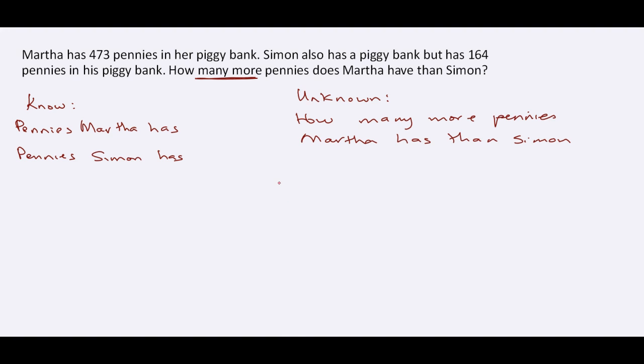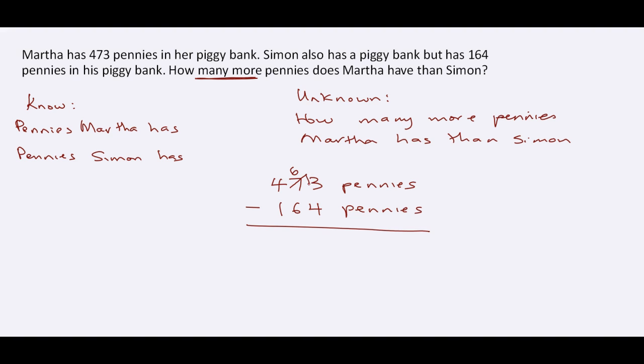So we have 473 pennies from Martha and 164 pennies from Simon, and we want to subtract to find the difference, to find how many more. So 3 minus 4, not doable, so we go over to 7, we borrow 1, we're left with 6.